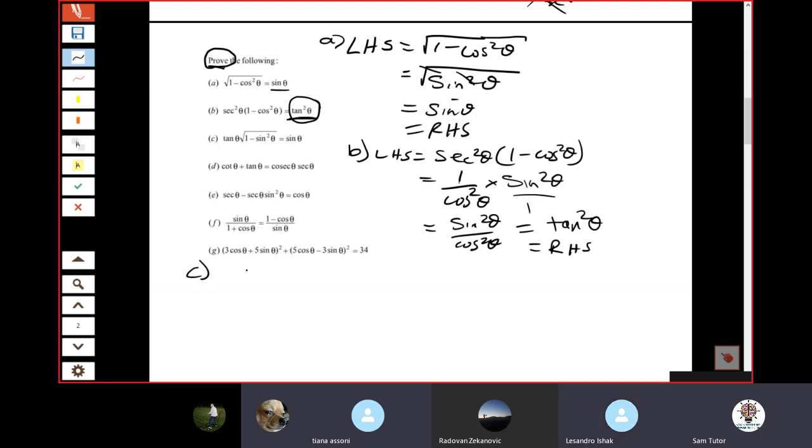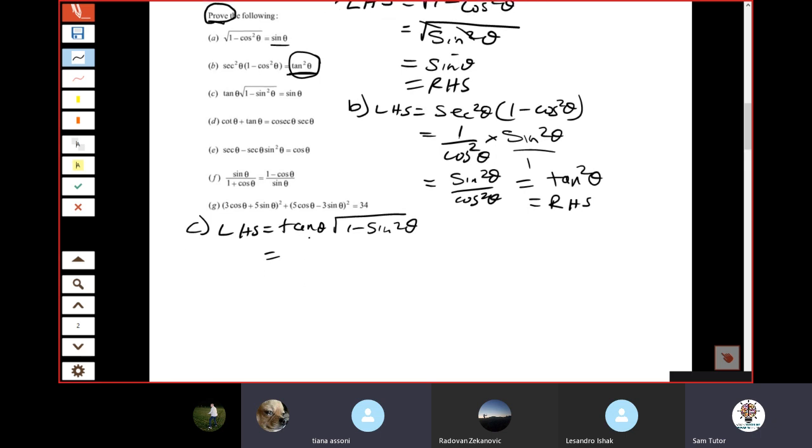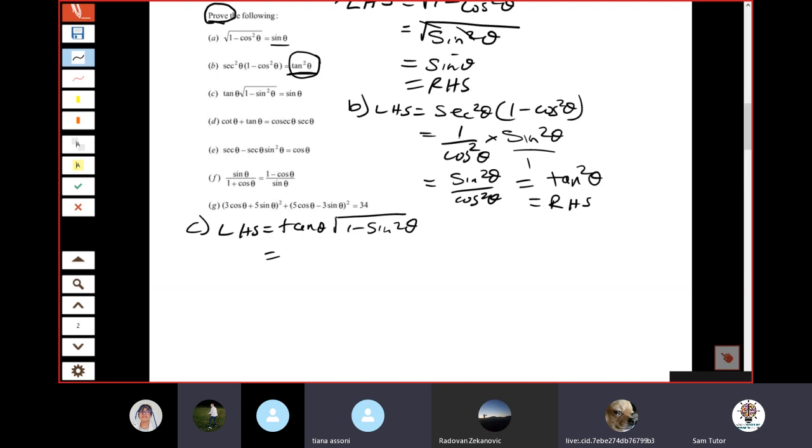All right, tan theta. Left-hand side: tan theta, square root, 1 minus sine squared. All right, Lisa, it's all yours. What does tan theta become? Tan theta becomes sine theta on cos theta, great.